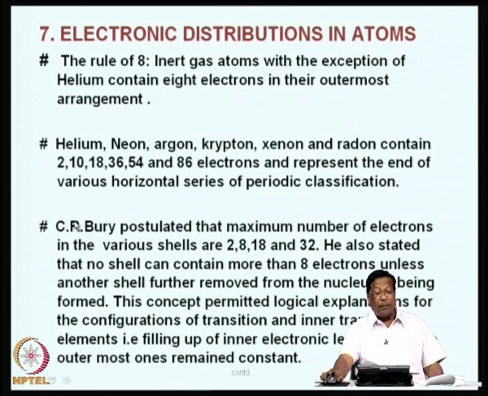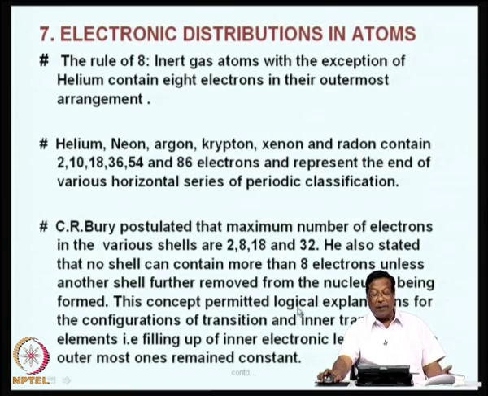Now, Professor C.R. Bury postulated that the maximum number of electrons in various shells are 2, 8, 18 and 32. He also stated that no shell can contain more than 8 electrons unless another shell further removed from the nucleus is being formed.